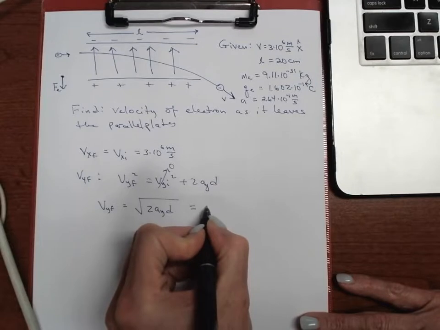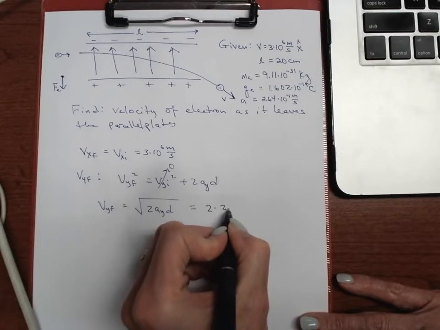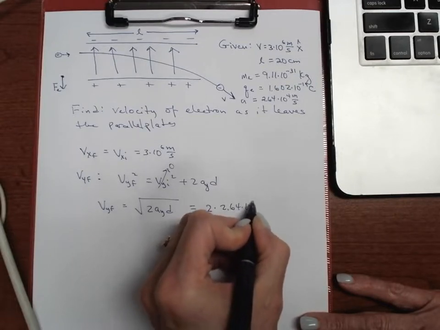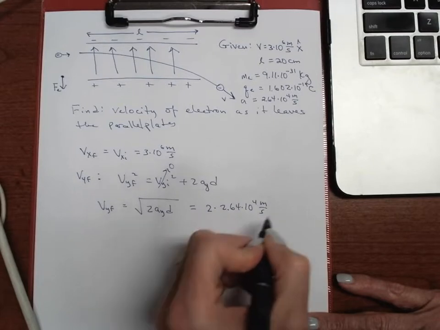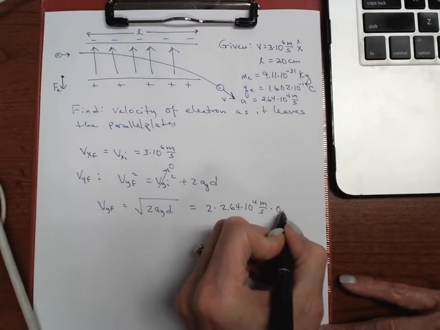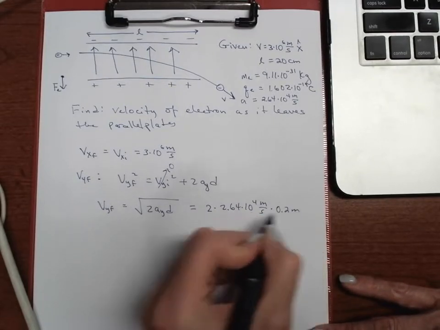Plugging that in, I'll have the square root of 2 times 2.64 times 10 to the 14th meters per second squared times my distance of 0.2 meters.